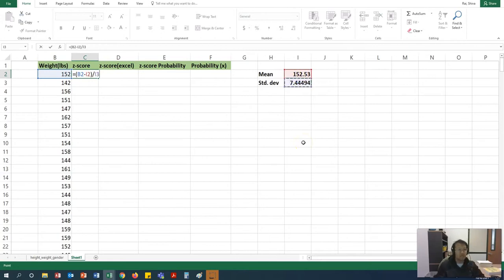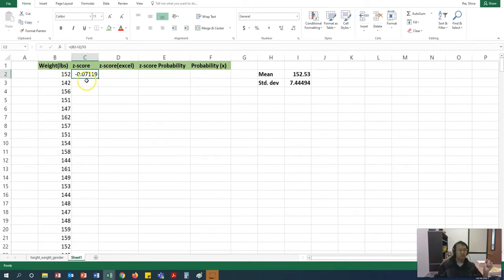All right, so that's our z-score. A negative z-score means that this point is below, or towards the left of, the mean.